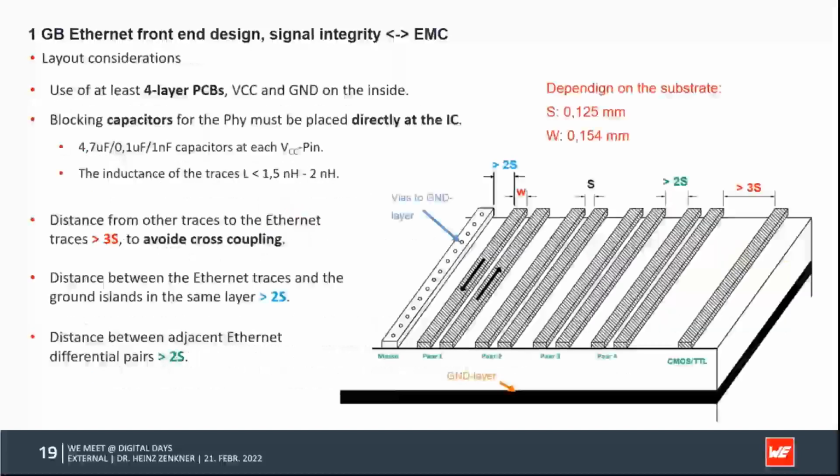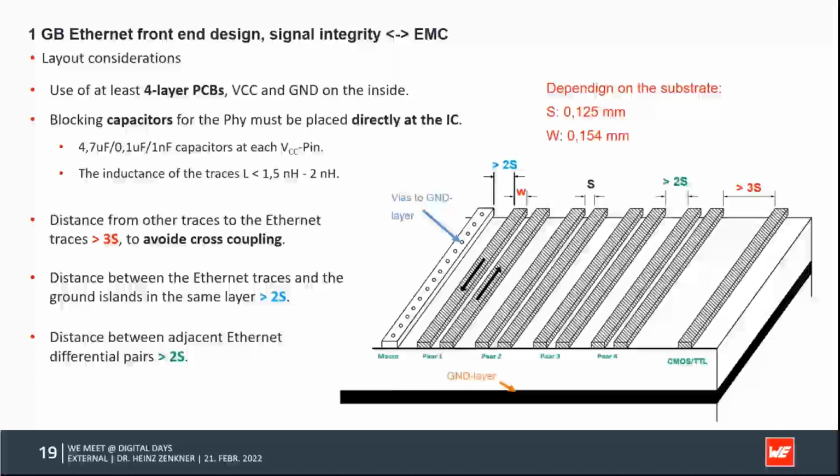Here, I just want to give you a short overview of how to do these symmetric traces. These are again the 4 channels of our Gigabit Ethernet transmission from the PHY to the transformer, and from the transformer to the connector here. The blocking capacitors of the PHY should be placed very close to the VCC pins.